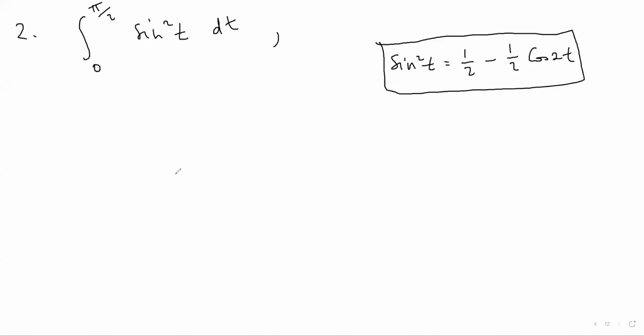In this case, we have a definite integral, but we are first going to start by evaluating the indefinite integral of sine squared t with respect to t. Before we evaluate the definite integral, we need the indefinite integral first. So let's go ahead and do it.